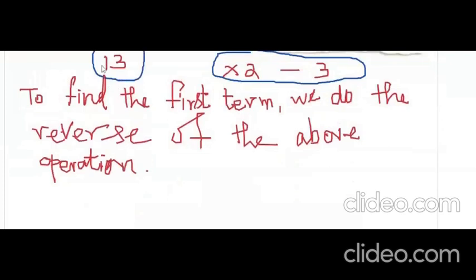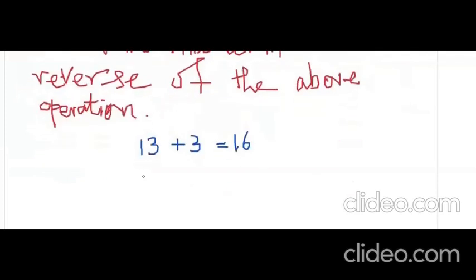With the number 13, we are going to add 3. So 13 plus 3 is equal to 16. And after adding, since it is multiplication, the opposite of multiplication is division. So 16 divided by 2. Since they multiply by 2, I am dividing by 2. So 8.